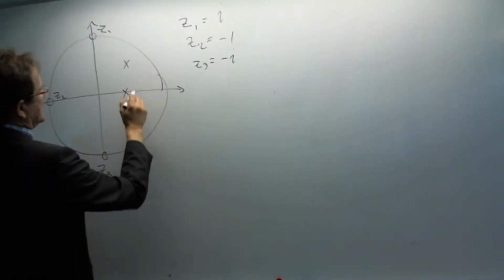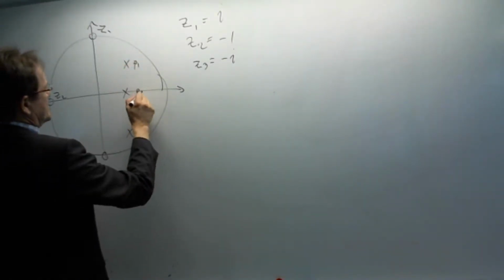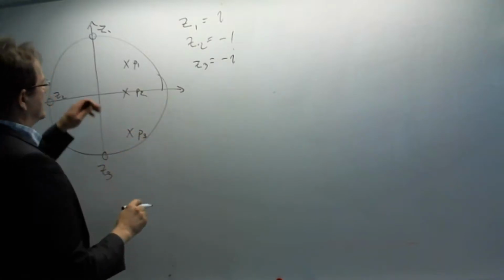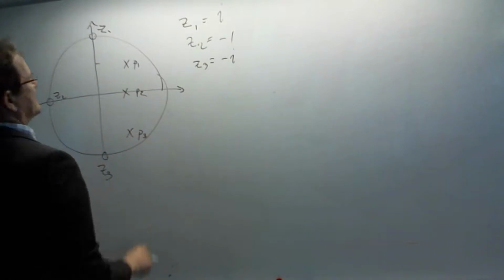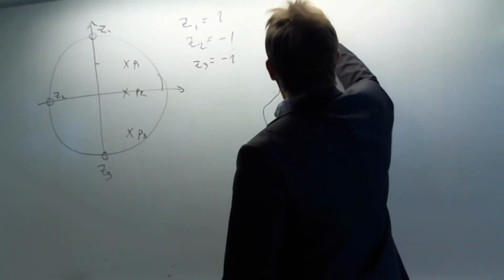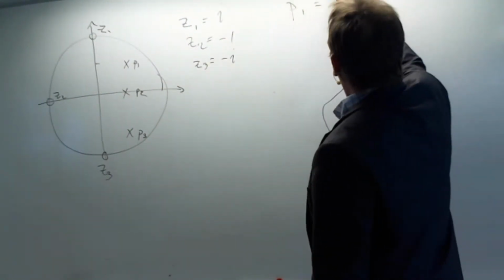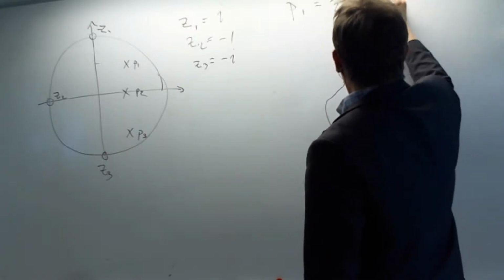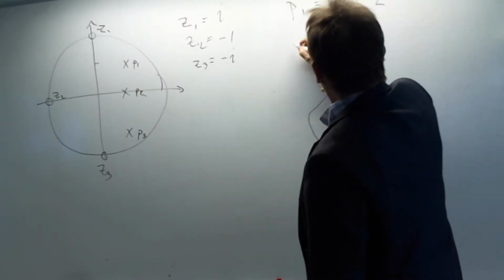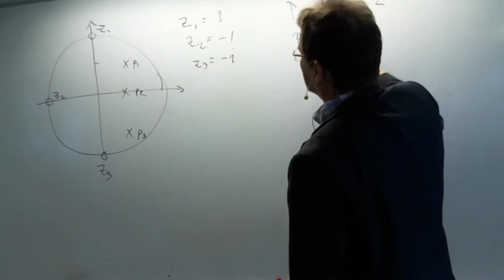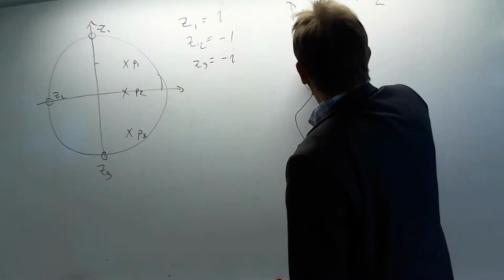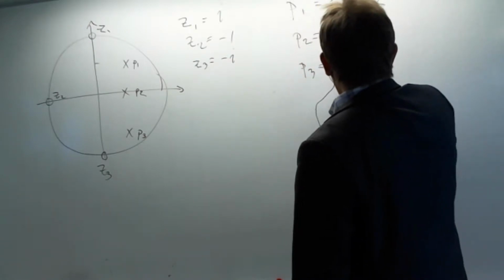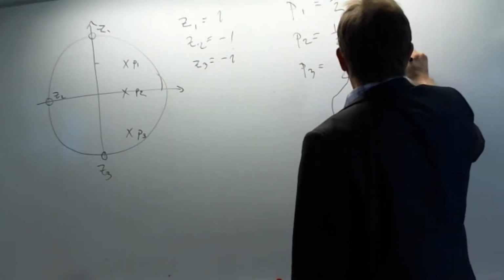Then we have 3 poles, pole 1, pole 2, pole 3. Pole 1 is half plus half I, P2 is half plus 0 I, P3 is half minus half I.